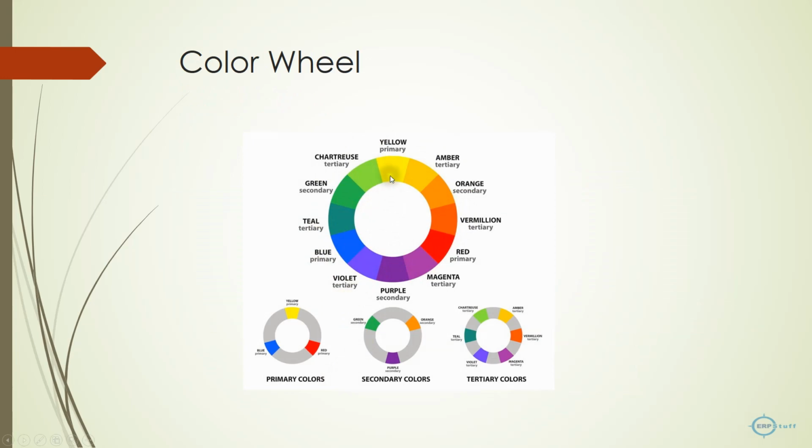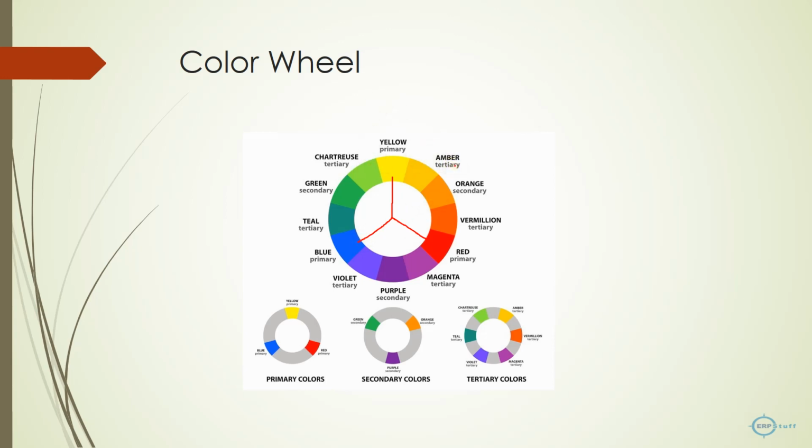If you see here, this is yellow, which is a primary color, and this red is a primary color, and this blue is a primary color. Let me enable my pen, so then it will be easy. Now, when we mix these colors, then it will create other colors.